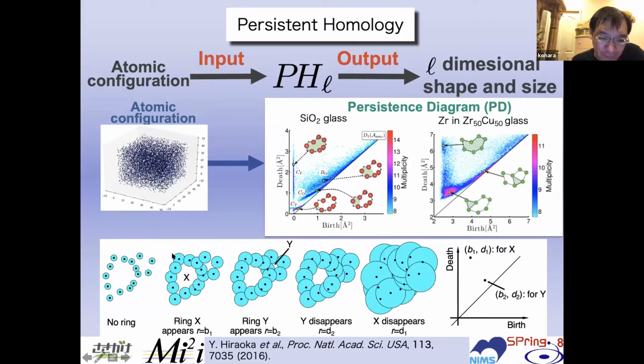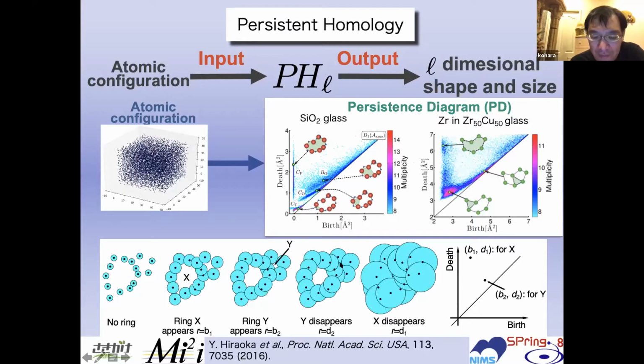We find ring X at birth 1, then increase more and more, and we find ring Y at birth 2.